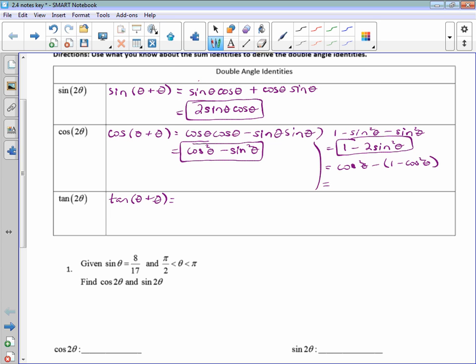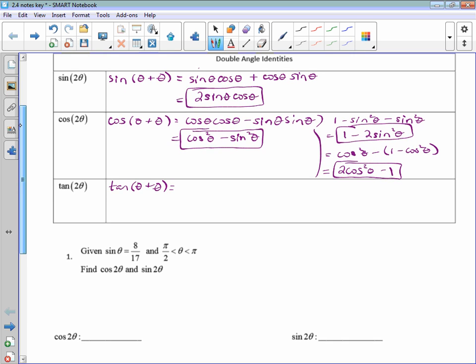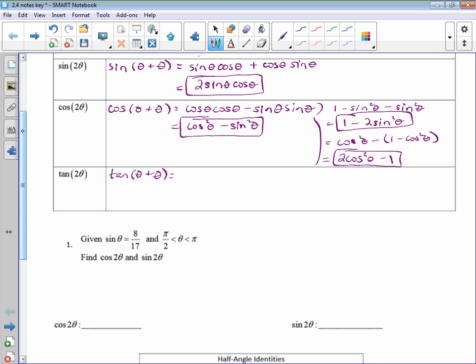How about 2 cosine squared theta minus 1? Okay. Are you guys okay with the 3 cosine double angles? That makes sense where they're all coming from?